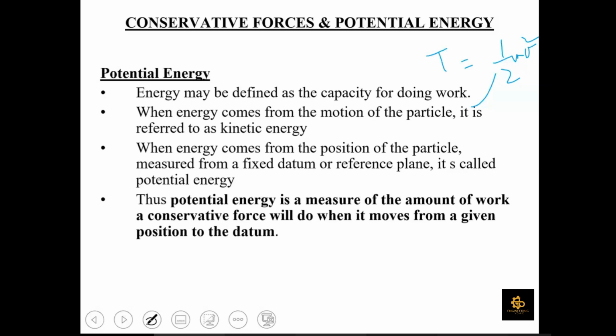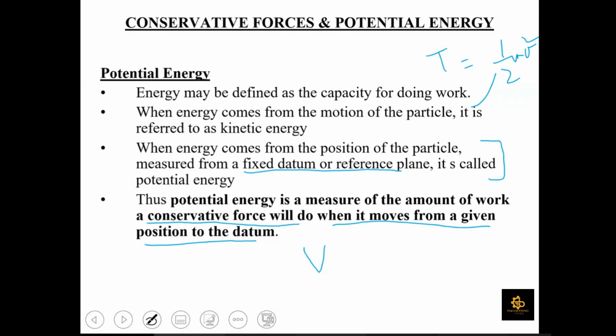When energy comes from the position of the particle, और जब हम position की बात करते हैं तो definitely that position is going to be measured from some datum or reference plane, then that energy is basically termed as the potential energy. In other words, the potential energy is the measure of the amount of work which a conservative force will do when it moves that particle from its current position to the datum. अब potential energy को इस book में हम जिस अल्फाबेट से रिप्रेजेंट कर रहे हैं वो V है.